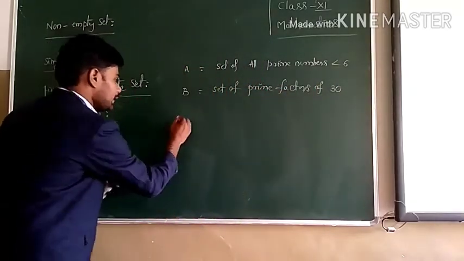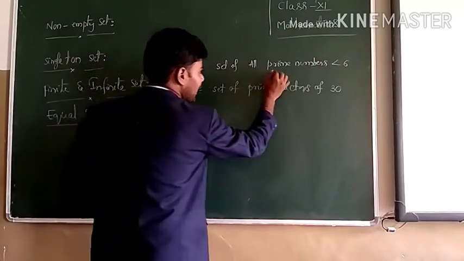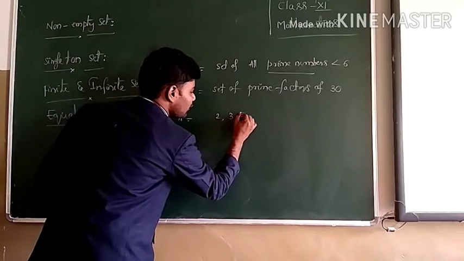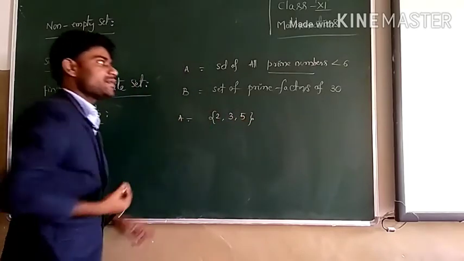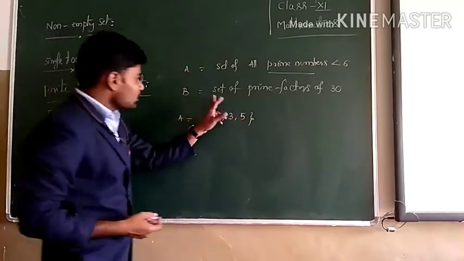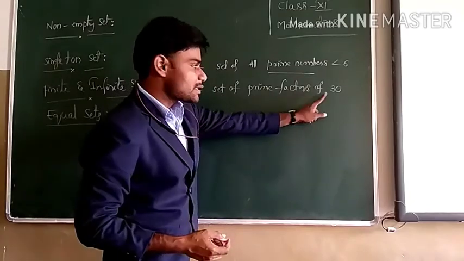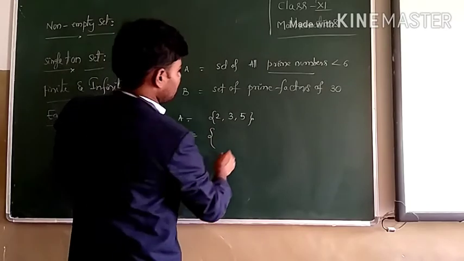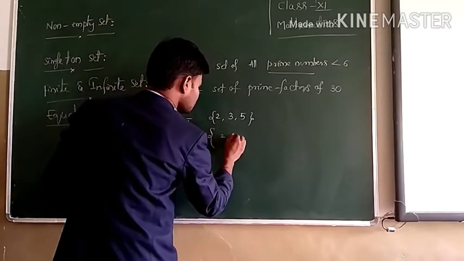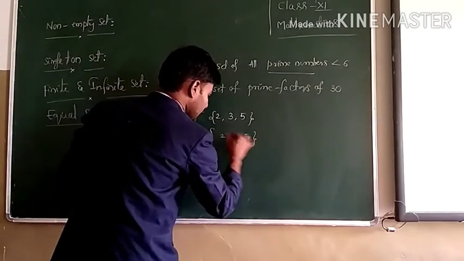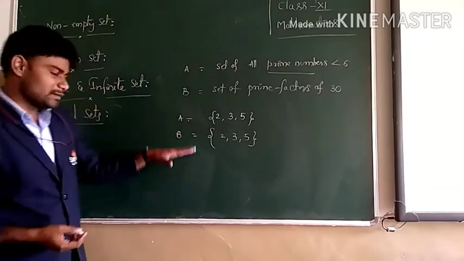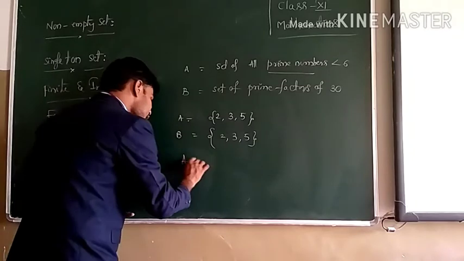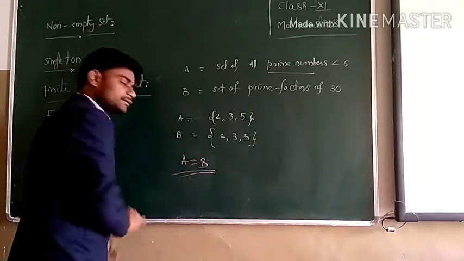Now A is the set of prime numbers less than 6, so 2, 3 and 5. These are the prime numbers less than 6. And set B is the set of prime factors of 30, so B equals {2, 3, 5} only. If you observe here, the elements in both sets are equal and the same. So that's why A equals B.